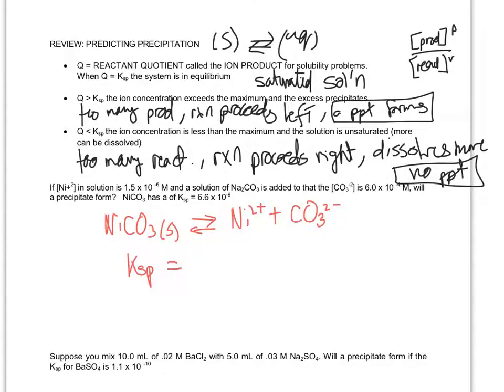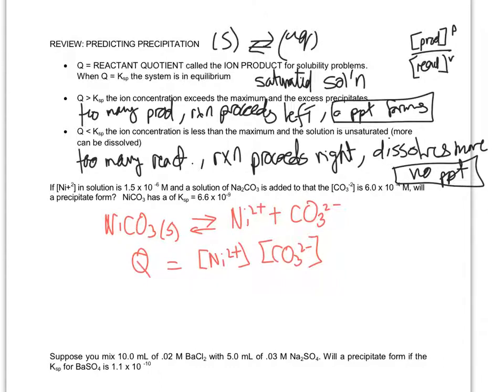In this case, I would probably call it Q, because we're trying to figure out where we are right now. So Q is the concentration of the Ni2+ times the concentration of the CO3 2-. I'm going to calculate Q and compare it to my K, or my Ksp.